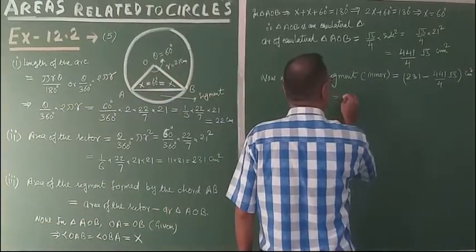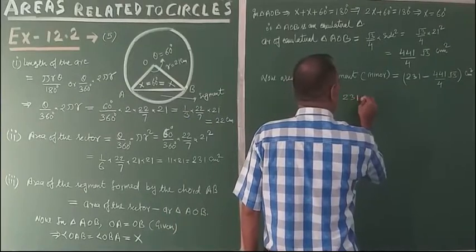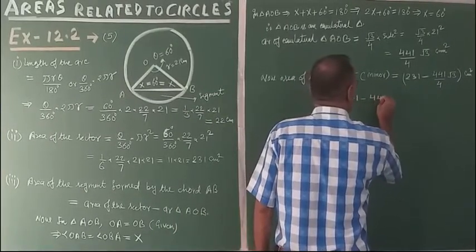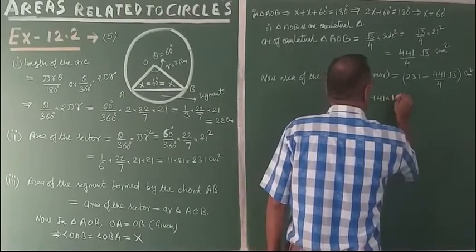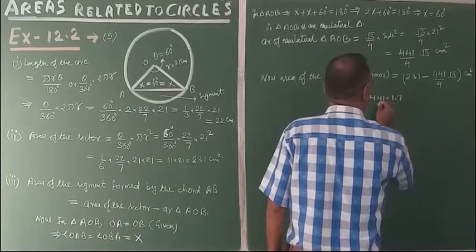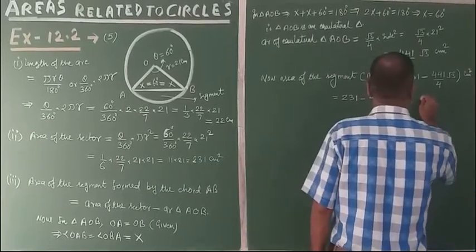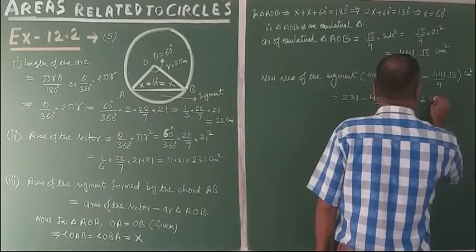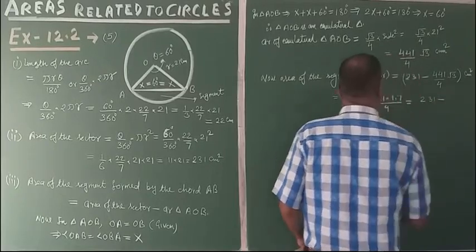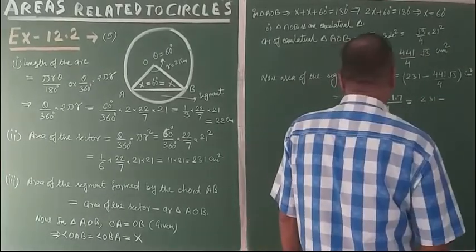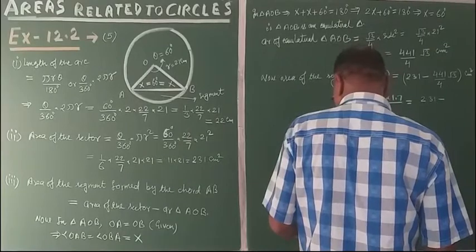It will become 231 minus 441 into 1.7 and divided by 4. So this will be 231 minus, when you will solve this, 100.25 into 1.7.